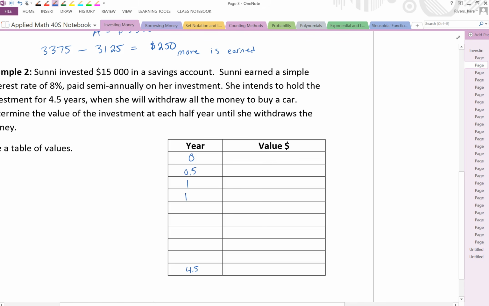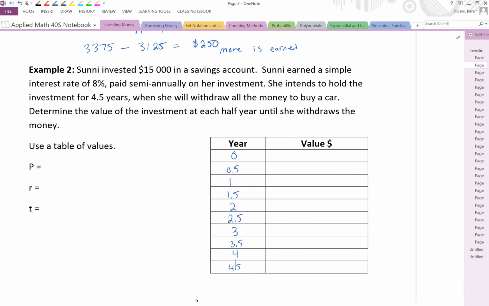So every half year, now how do we figure out what her investment's going up by? We know that she invested an initial amount of $15,000. We also know that our interest rate was 8%, so 0.08.